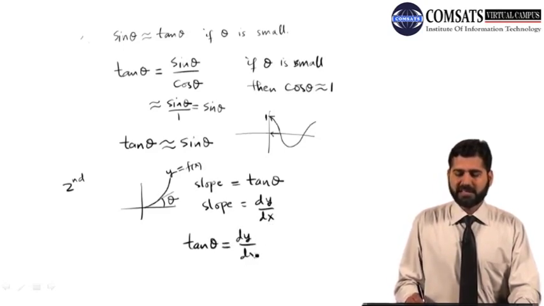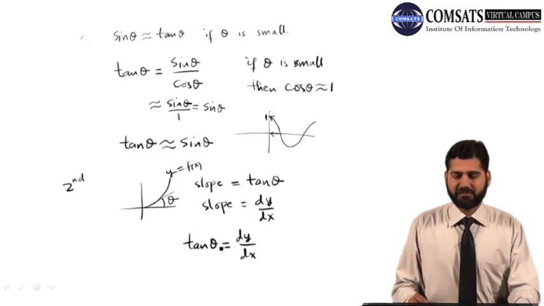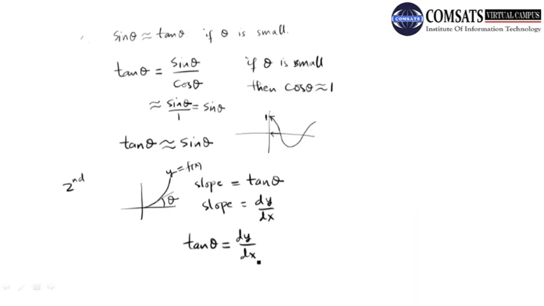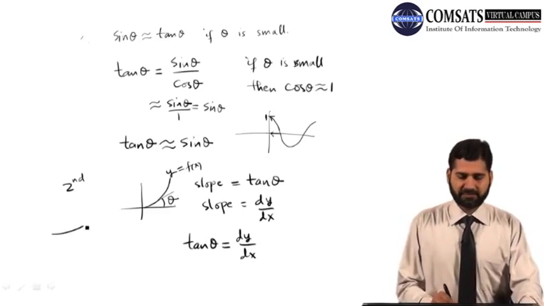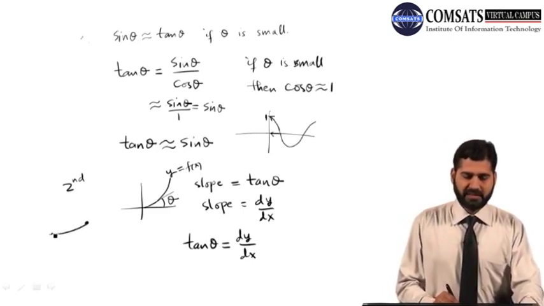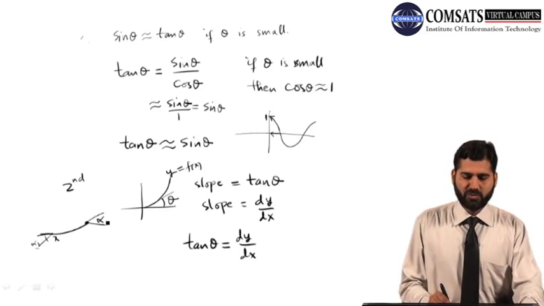And now it depends on theta. When we took alpha 1, we replaced it at x is equal to x. The reason is alpha 1 was the angle at x, right? Here, alpha 1 was the angle at x, and alpha 2 was the angle at x plus delta x.